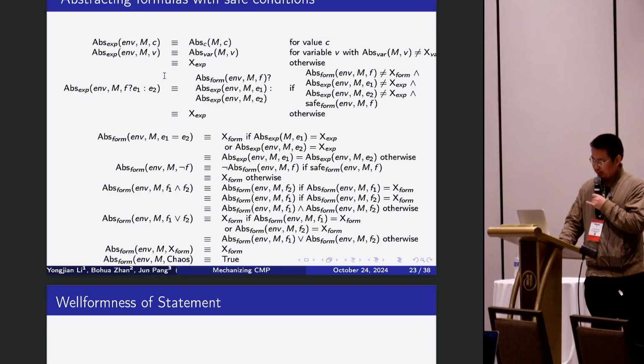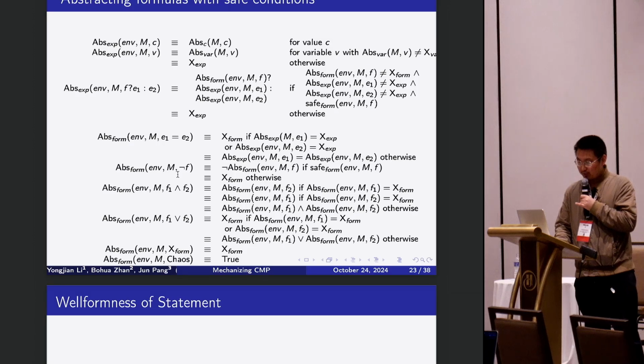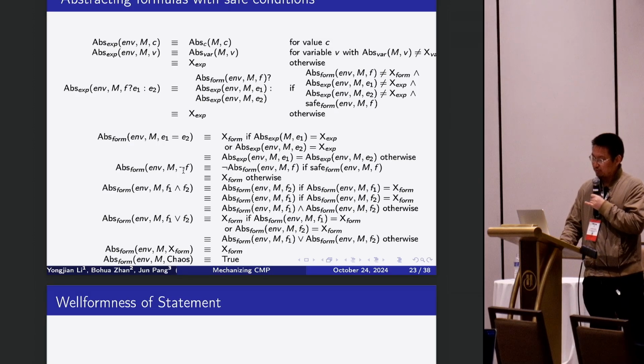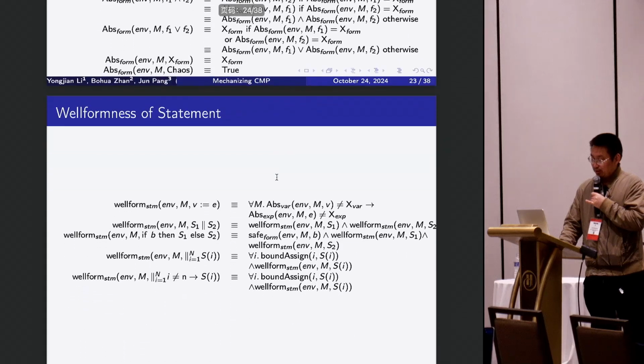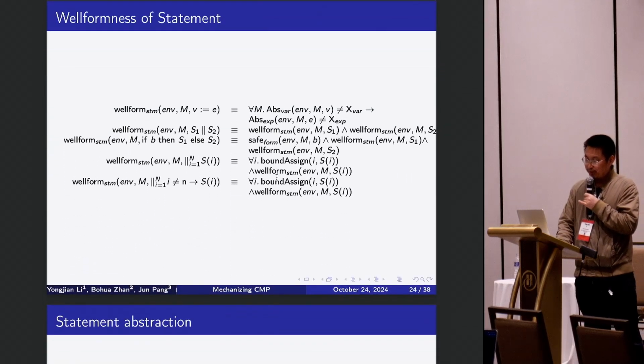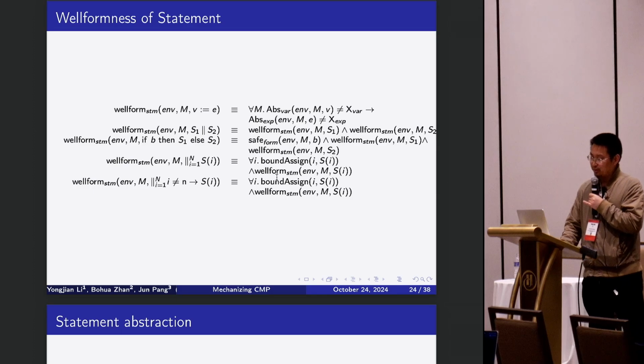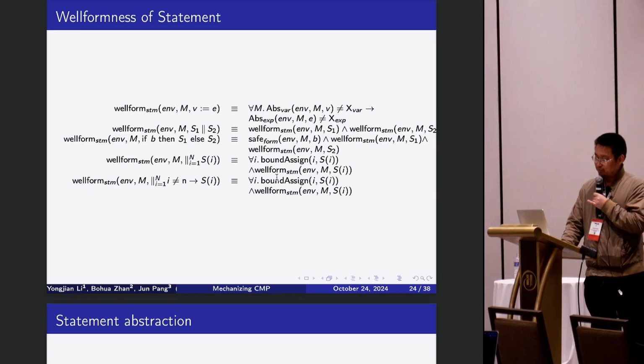Especially if we need to define the abstraction of negation, it must be guaranteed that the formula f is of a safe form. This is the safe condition. When we do abstraction on statements, we also propose the concept of well-formedness of the statement.